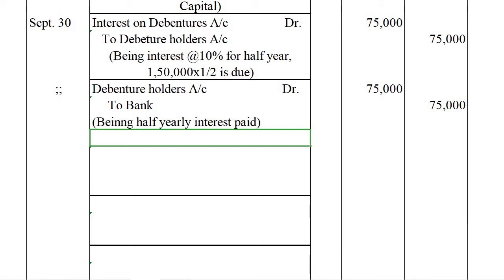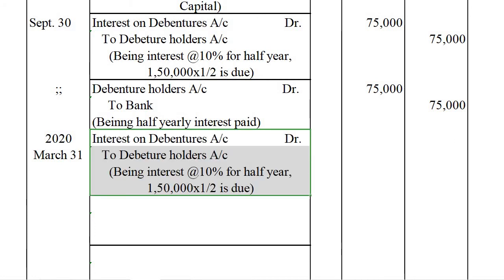The second installment we know will be paid on March 31st. So we can write the journal entry with the date 2020 March 31st. The same journal entry can be written: Interest on Debentures account debtor to Debenture Holders. Same amount, 75,000 each, will be written, because 1,50,000 was the full amount of interest.